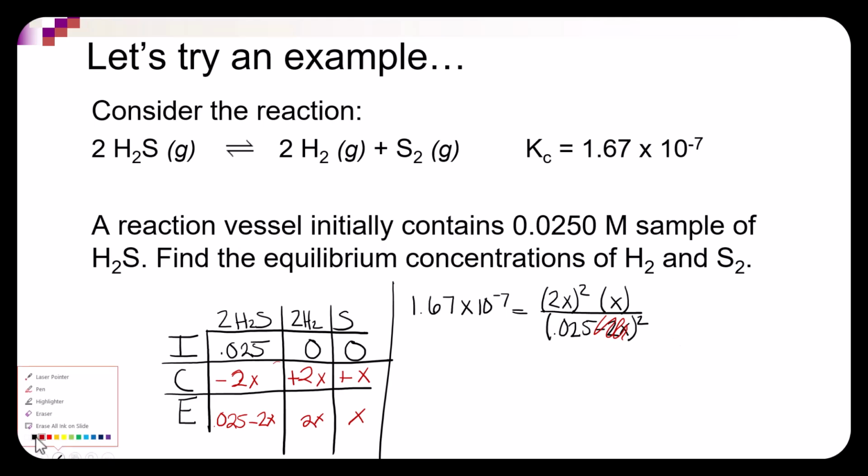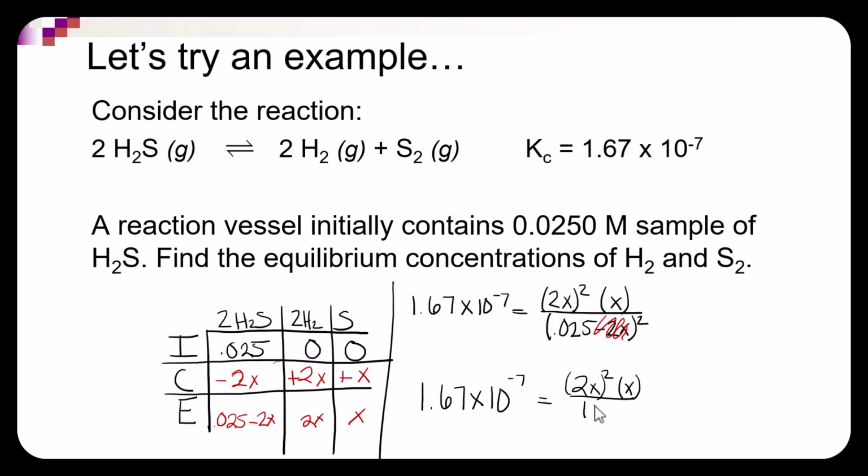If I were to ignore that or get rid of it, let's clean this equation up. So now we've got 1.67 times 10 to the negative 7th. On top, we have 2x squared and x.